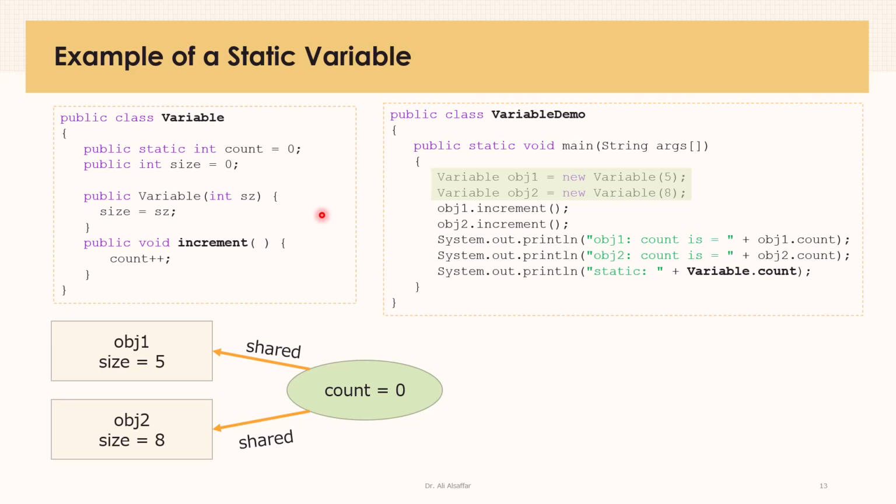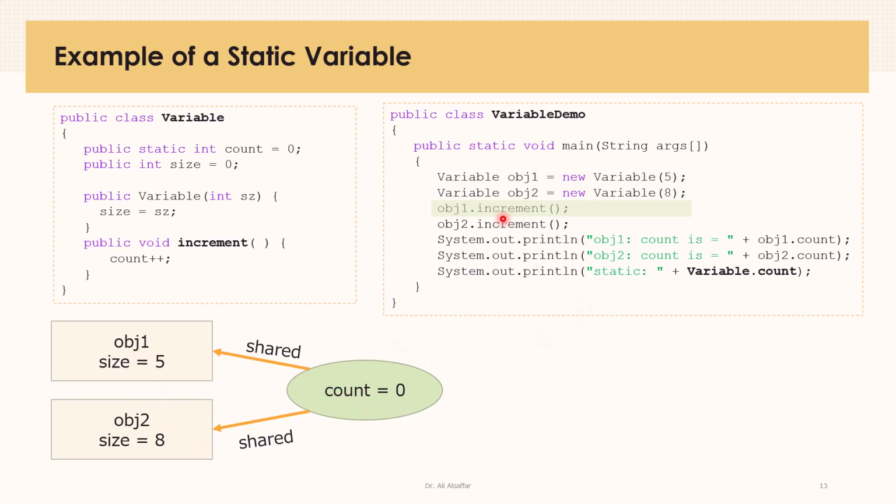So this is what happens when we create the two objects. In the memory, we have object 1 that has size equal to 5 and object 2 has size equal to 8. But for the variable count, since it is static, it is shared by both of them. So both of them can access count at the same time.